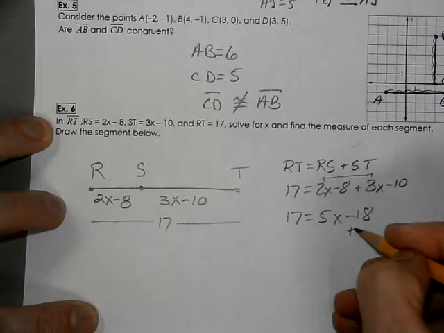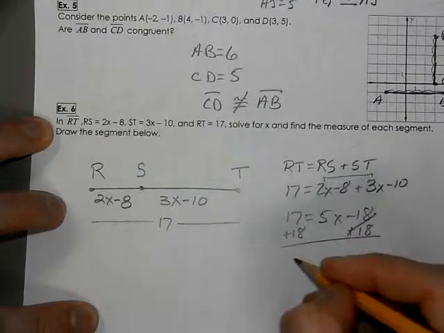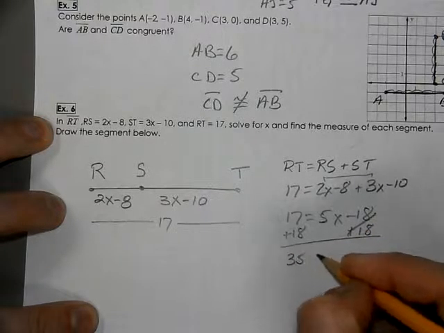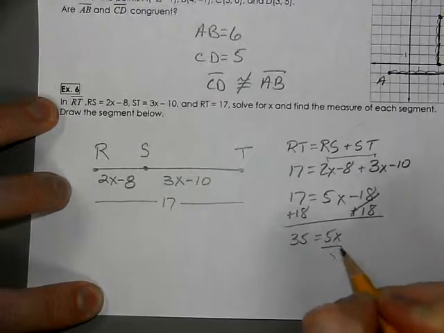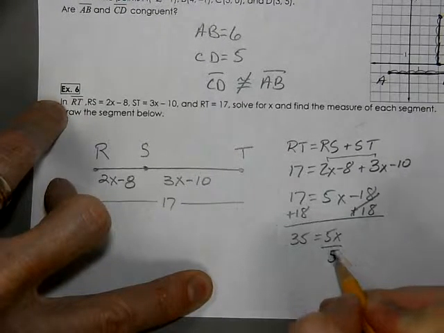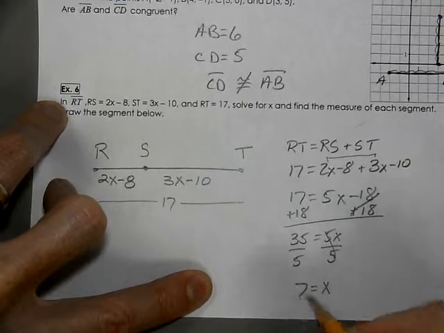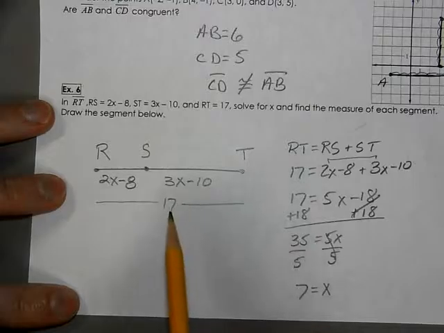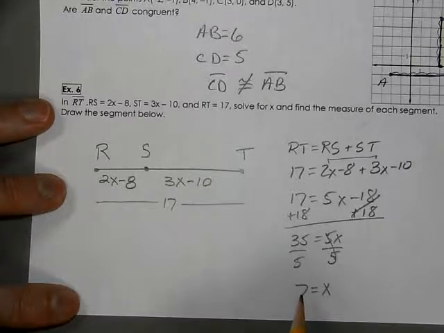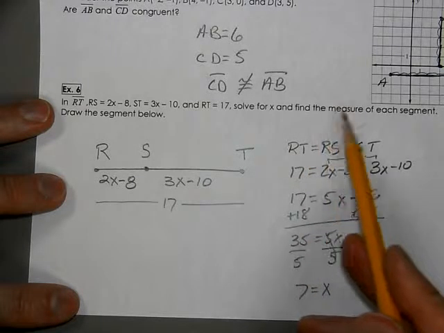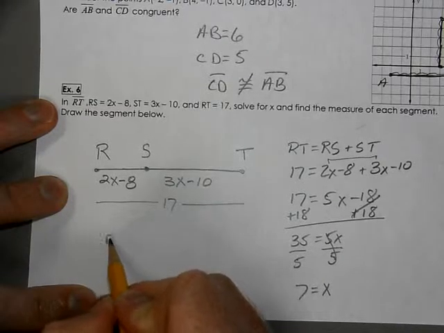We'll add the 18 to the other side and divide by 5. So if we're trying to find the value of x, then the value of x is 7. Find the measure of each segment.